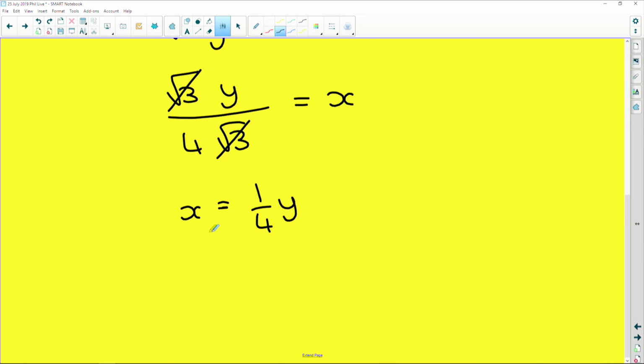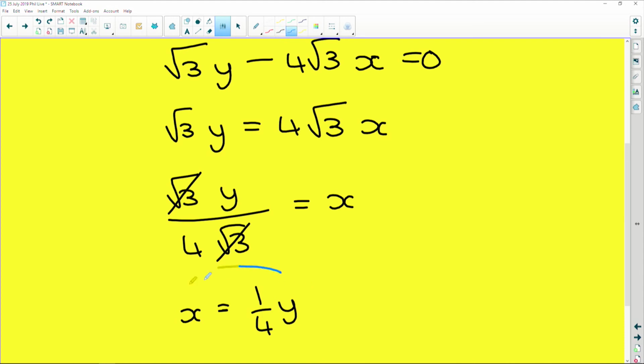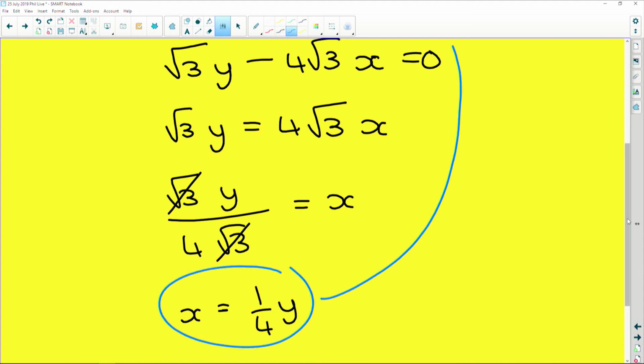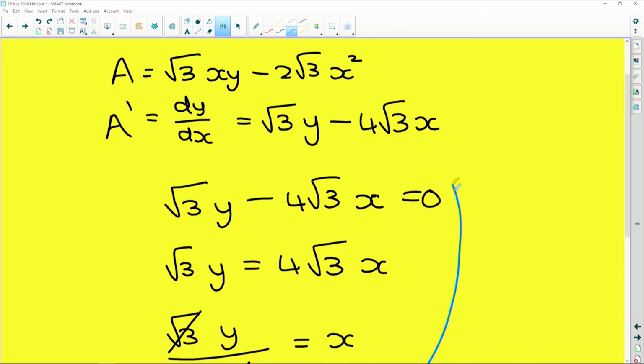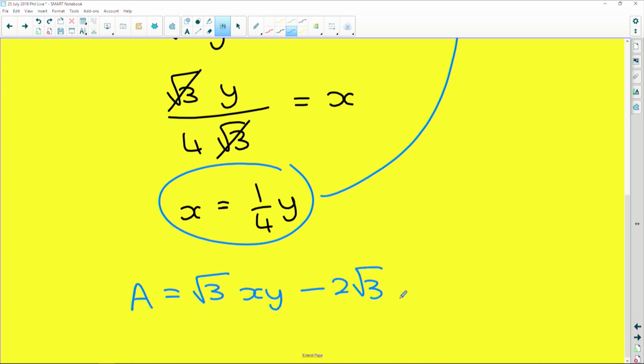And the reason I put it in terms of x is because now we can take this expression and substitute it all the way up here back into the original area, which is what we're trying to find, the maximum area in terms of y. So remember, area was root 3xy minus 2 root 3x squared. So now every time we see an x, we can substitute this expression for x into it, and we'll be left with only y expressions.